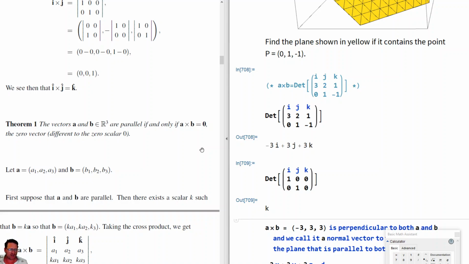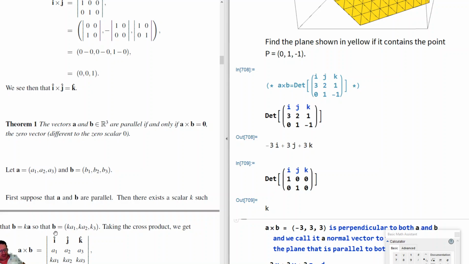So let's suppose we have a vector A in 3-space, so it's A1, A2, A3, and B is B1, B2, B3. Now let's just calculate the cross product of any vector that is parallel to A. So what I want to do is specialize this to saying, what if B is equal to a multiple K?